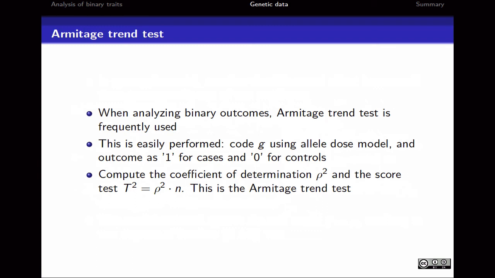And this is the Armitage trend test, and as we know, it is the score test. It's distributed as chi-square with 1 degree of freedom under the null, so that if you obtain the value of 3.84 or more, you can tell that the p-value is 5% or less, so it would be a nominally significant deviation from the null model.